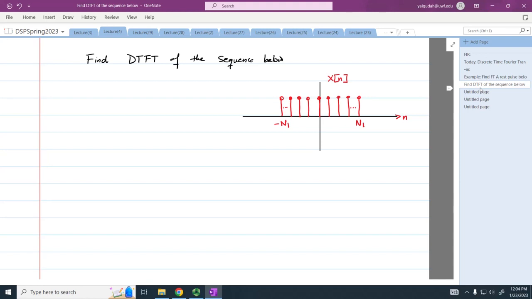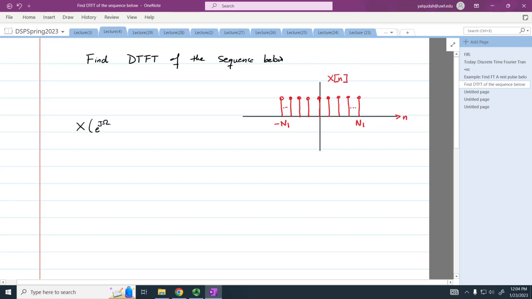And if I calculate how many n's I'm using to sample, I can calculate the sampling time, how often I'm taking a sample. Make sense? Okay, so now what I want to calculate is the discrete time Fourier transform.